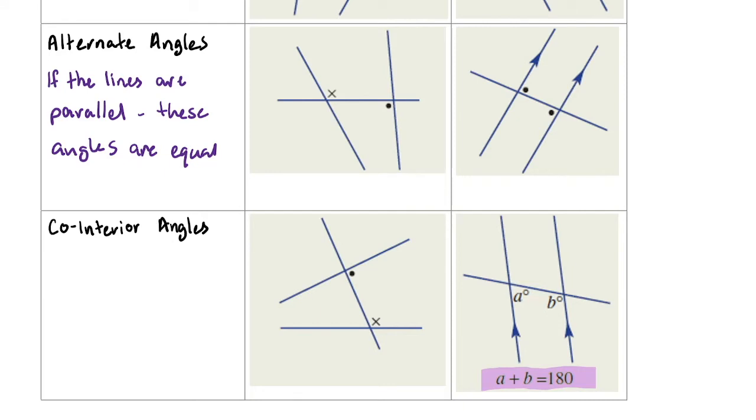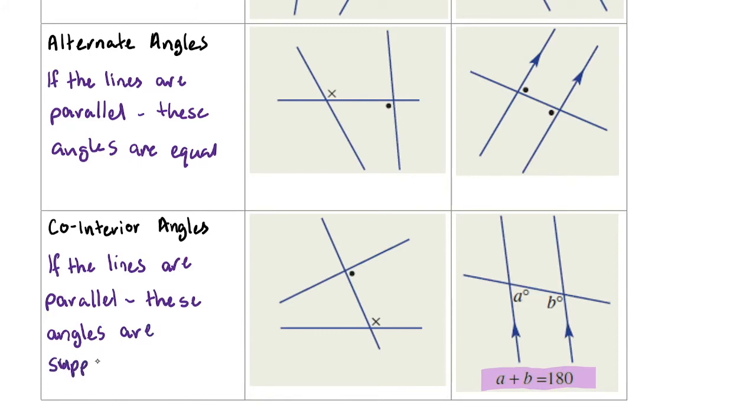So what we say about co-interior angles is if the lines are parallel, that phrase again, if the lines are parallel, these angles are supplementary, meaning they sum to 180 degrees.